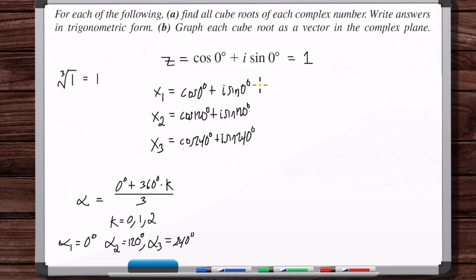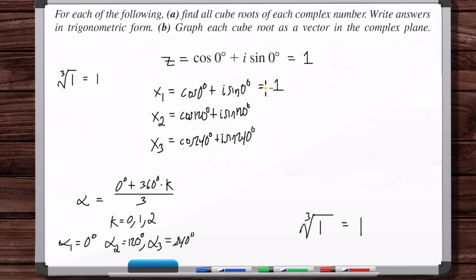Okay, now this first one is just 1 itself, which makes sense because we know one of the cube roots of 1 is 1 itself, right? In fact, the principal cube root of 1 is 1. Now what's interesting though is that the principal nth root of any complex number is just going to be the number corresponding to k equal to 0.